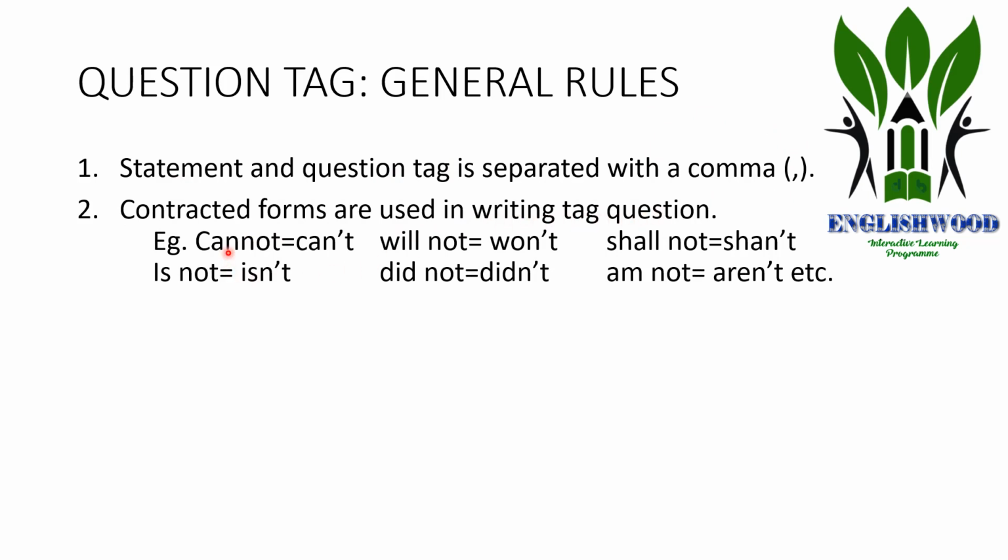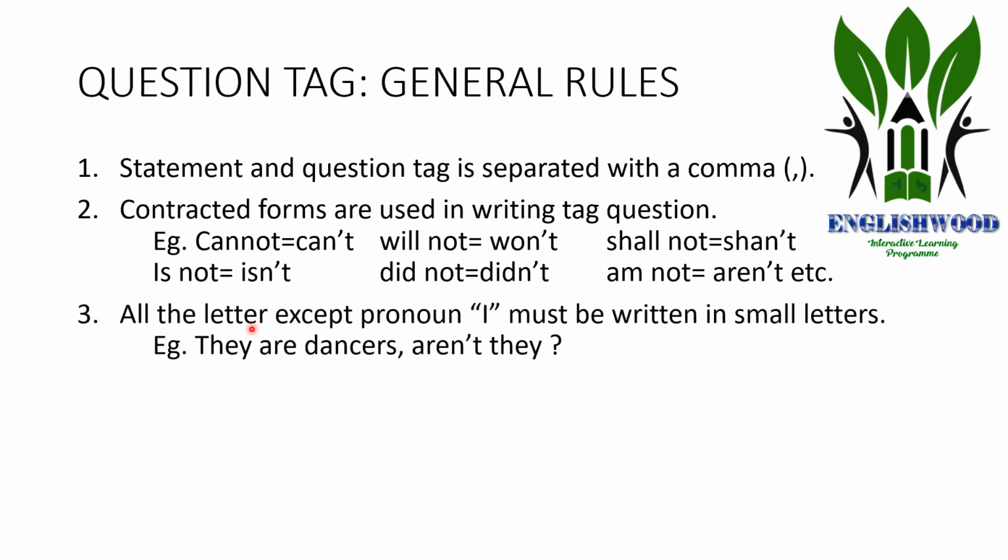For example, cannot is can't, will not is won't, shall not is shan't, is not is isn't, did not is didn't, am not is aren't. Again, this is important: we don't say amn't, we say am not changes into aren't. All the letters except the pronoun I must be written in small letters.